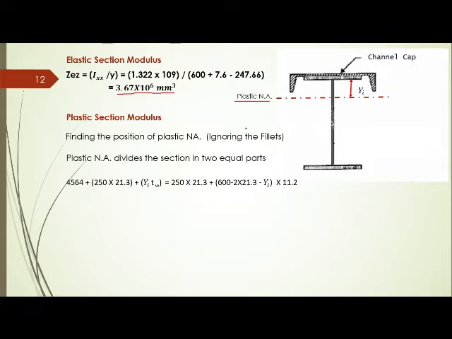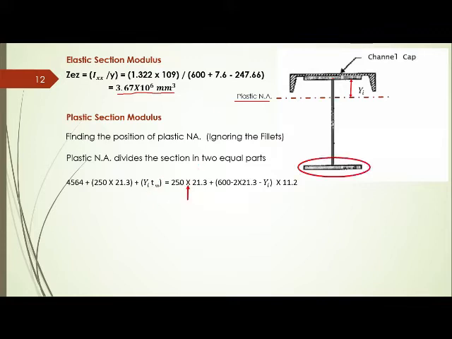The next one, 250 into 21.3, is the area of the top flange of the ISWB, and the remaining portion, the area of the web, is Y1 into Tw. Tw is known to us, it is written in the table.